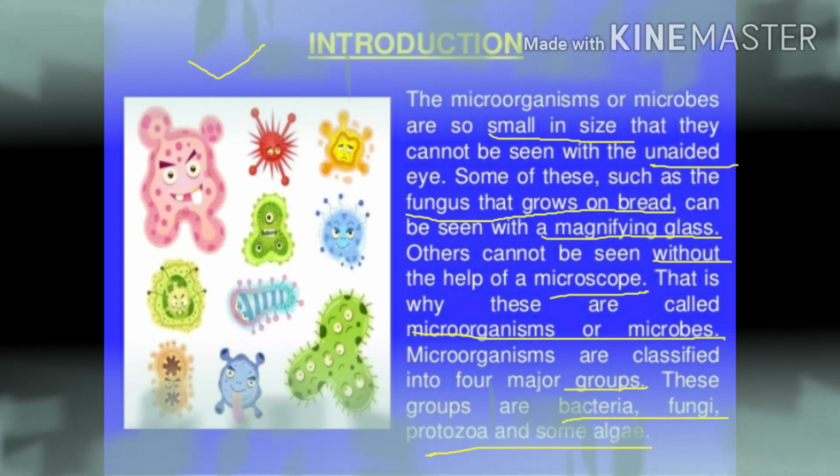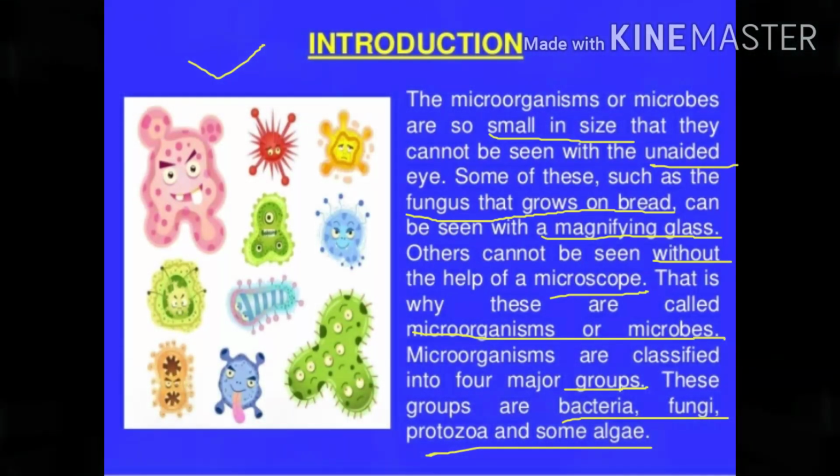That is why these are called microorganisms or microbes. Microorganisms are classified into four major groups. These groups are bacteria, fungi, protozoa and some algae. So, the microscope is such an instrument, without which we can't see the microorganisms.